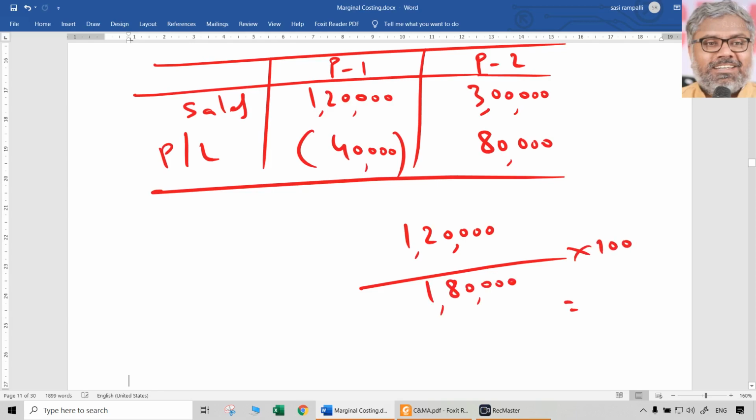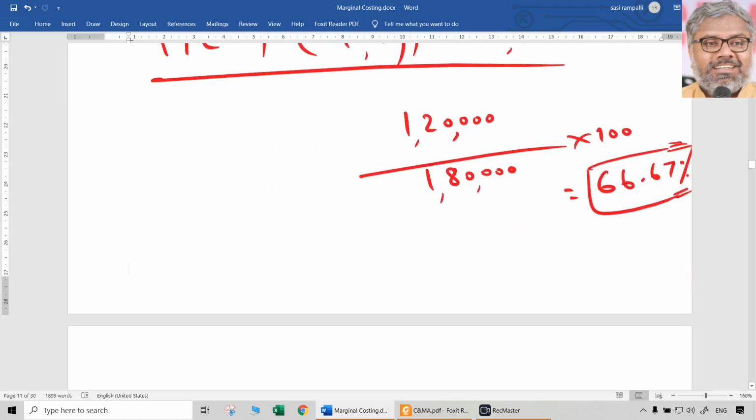So 120 divided by 180 into 100 means 66.67%. That is the PV ratio. Or we can say 2/3. 2/3 is the PV ratio.